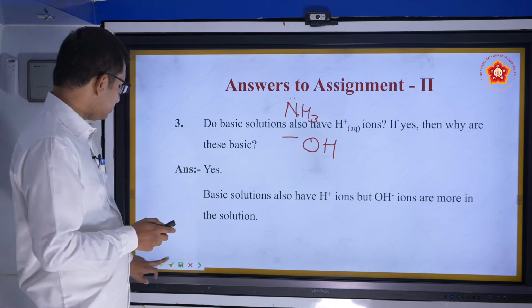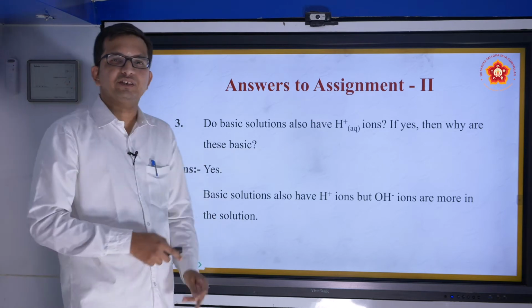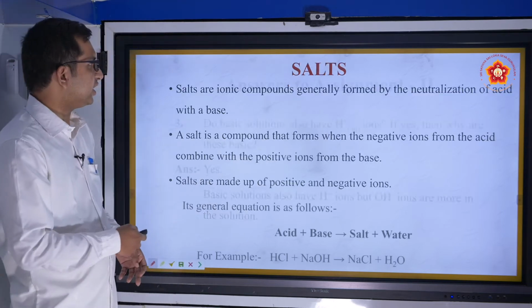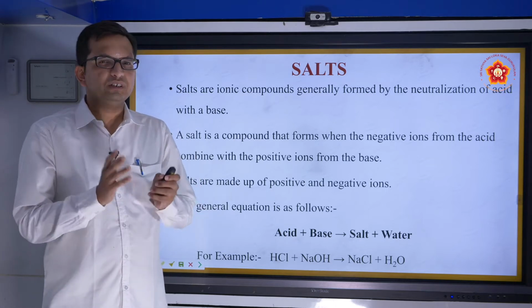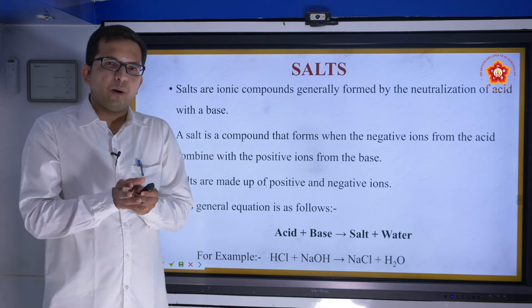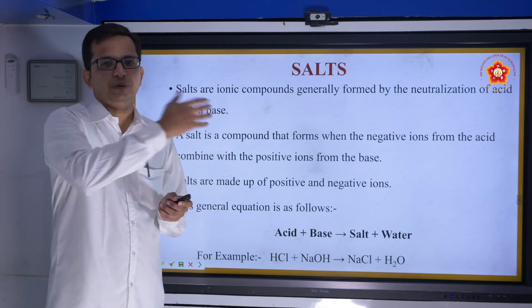So this is about the study of the various bases that we have studied, and now let us get into today's topic: salt. What is a salt? It is basically a product formed when an acid reacts with a base.